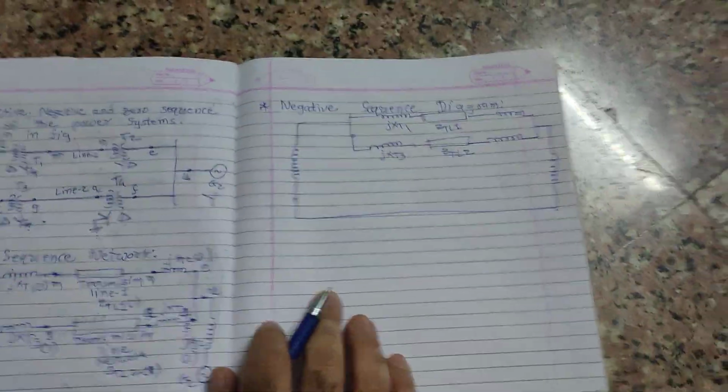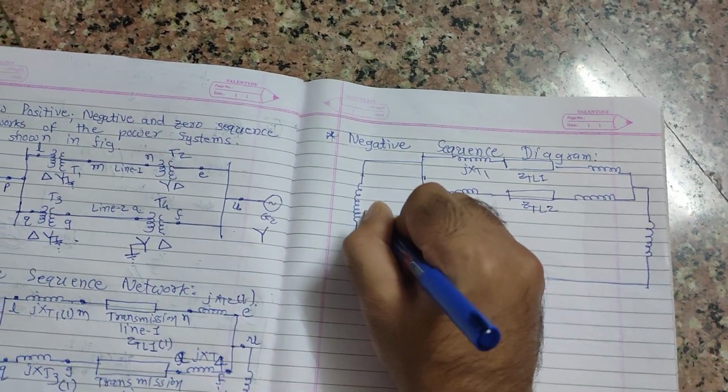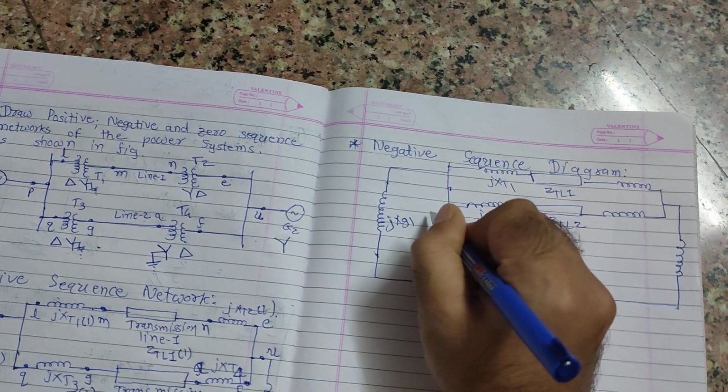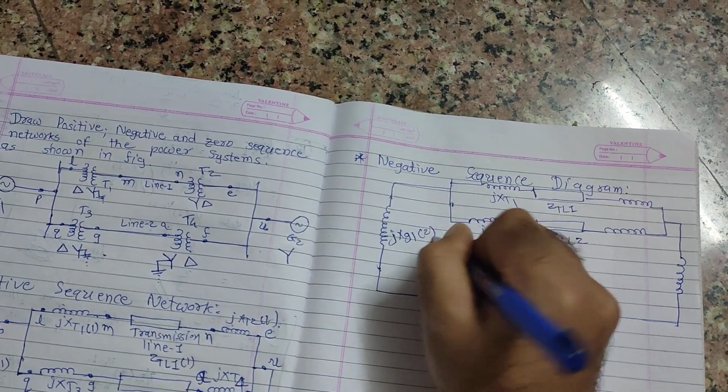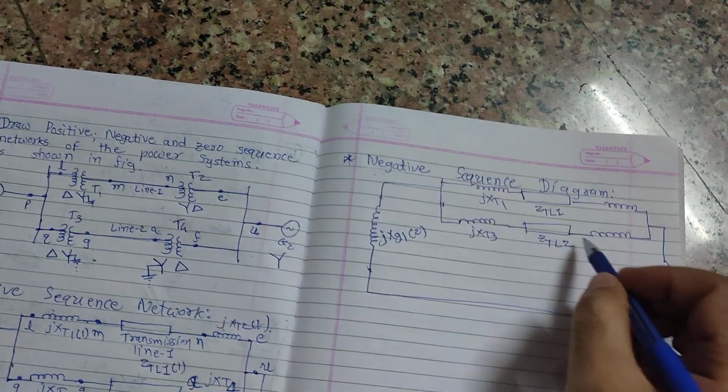Now just look here. I have formed the diagram very quickly. Now I will once again give the same notation, JXG1 in brackets. I will now mention 2. Why mention 2? Because it is the negative sequence network.